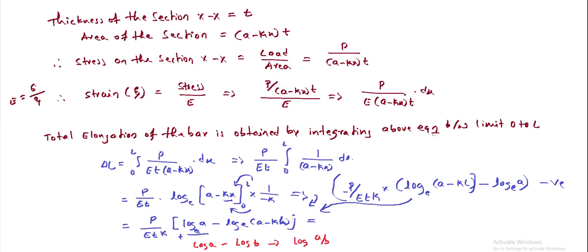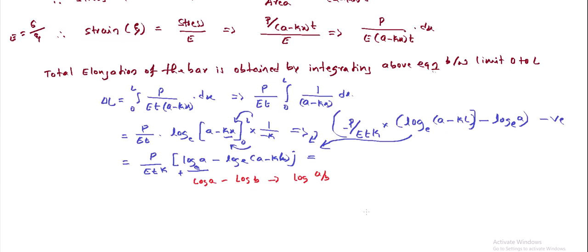In this form I will write the equation, keeping everything else as it is: P by ETK, log to the base e, of A by (A minus KL). This is the main equation.